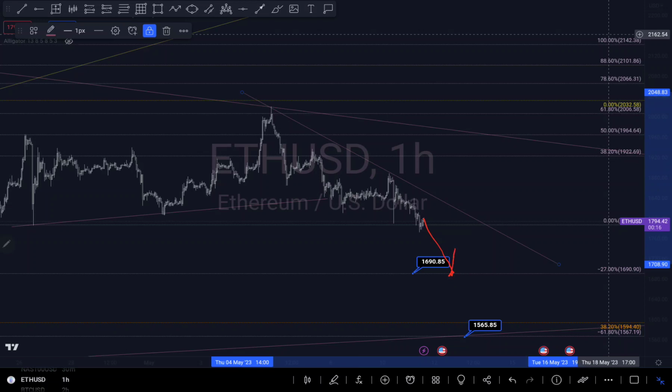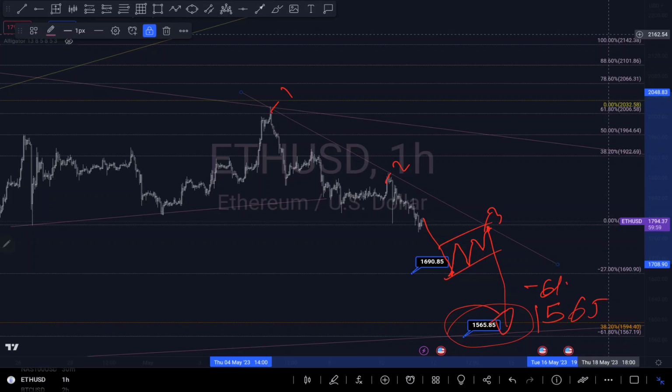Then we reverse around that level to push to my trend line right here. So we can have first touch, second touch, a possible third touch before we continue to my overall target, which is my negative 61.8%, 1565.